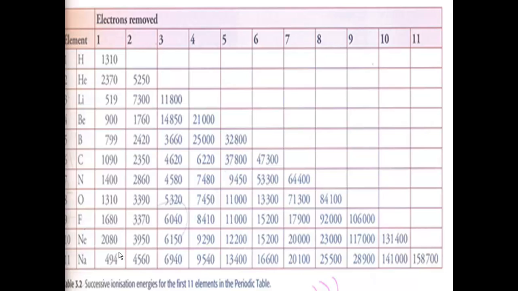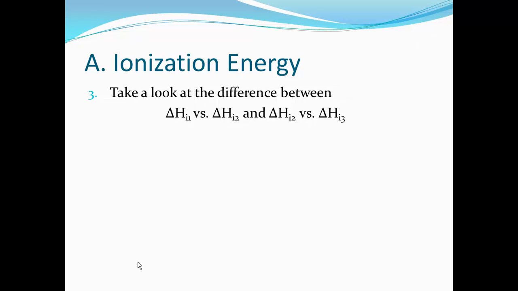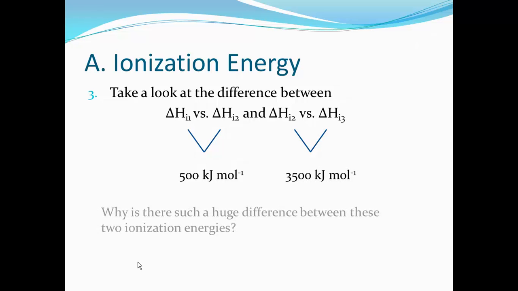You go back to sodium, there's a big jump between 1 and 2 because sodium is just like lithium. They're going to have 1 electron in the outer shell, easy to remove. So once they get to a full outer shell, then it takes a lot more energy. Okay, so you notice that between 1 and 2 is a big difference.